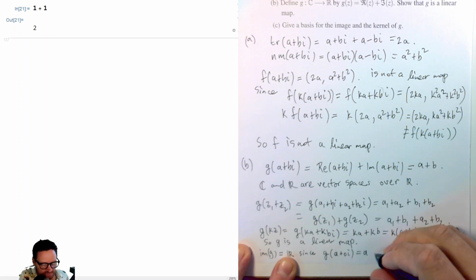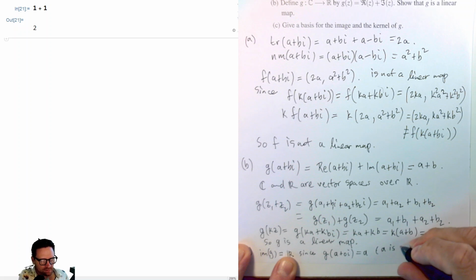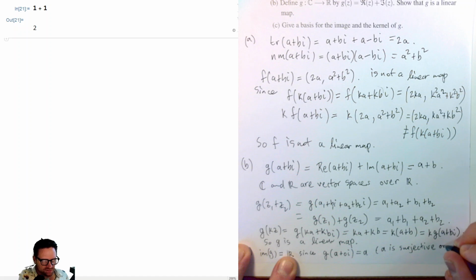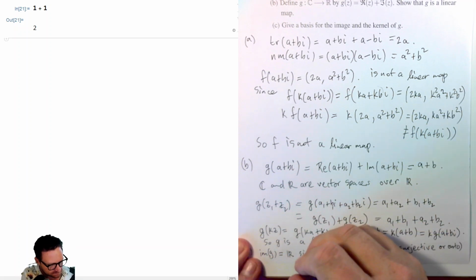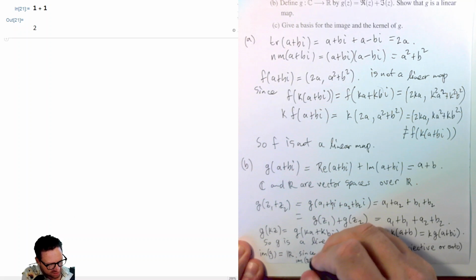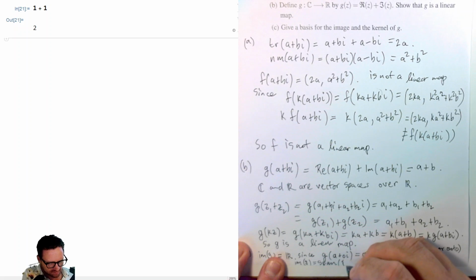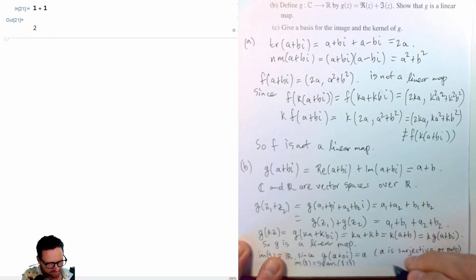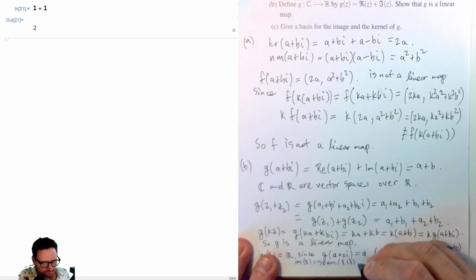So it's surjective, or onto is another word for surjective. Okay, so then the image of G is equal to the span of just 1. Okay, so 1 is a basis for the image of G.